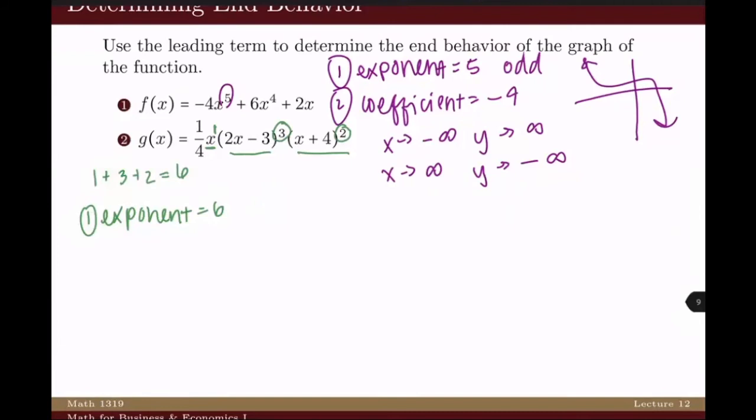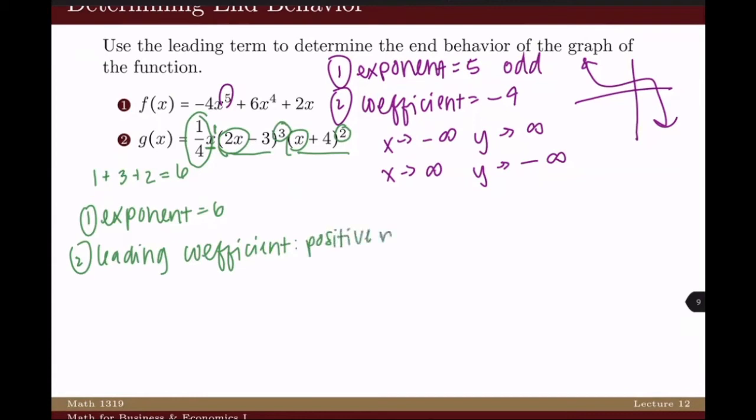Okay. And then I'm going to look at the coefficients in front of my x's. So this one just has a +1, this one has a +2, and this one has a +1/4. So that means my leading coefficient is going to be a positive number. And when I have an even exponent and a positive leading coefficient, we know that I'm going to tend upward both ways, right?